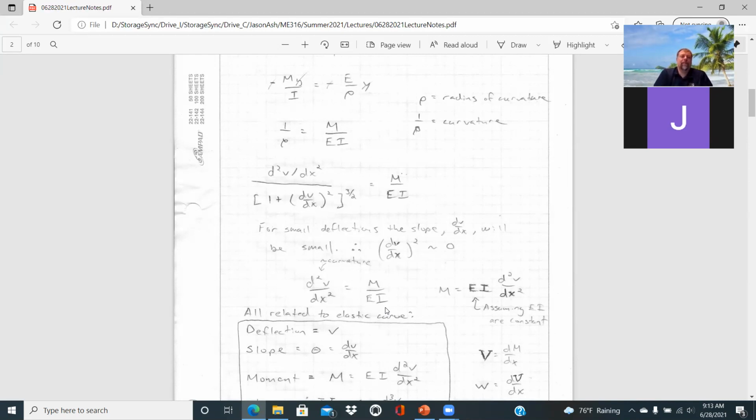And I was always under the mindset that for small deflections, this would then only work for deflections on the order of the thickness of the beam. If you go greater than that, it's going to deviate widely.